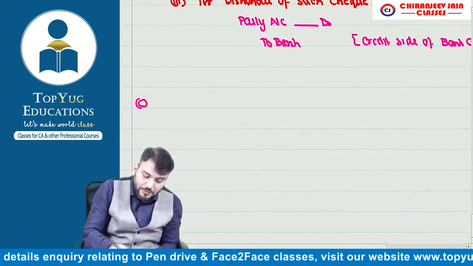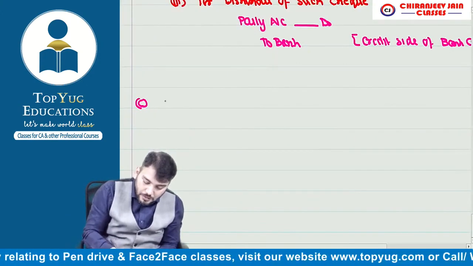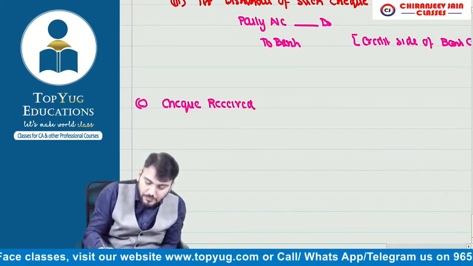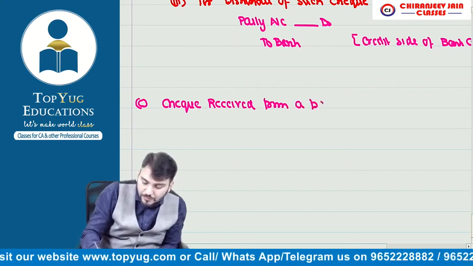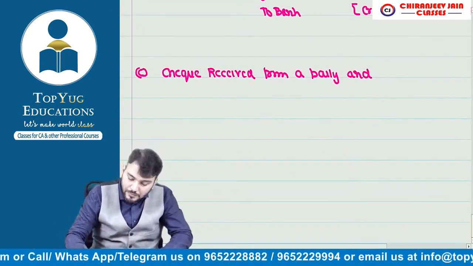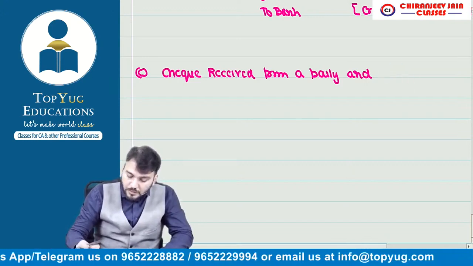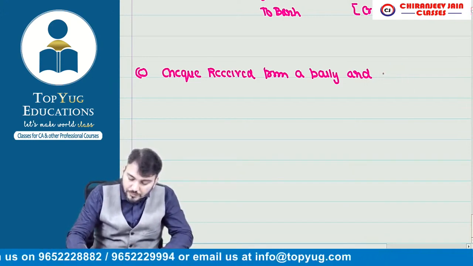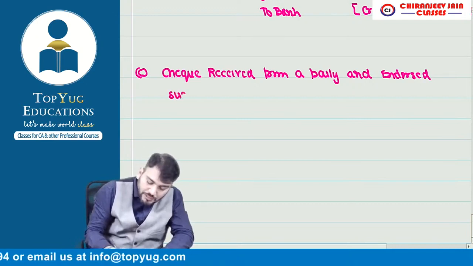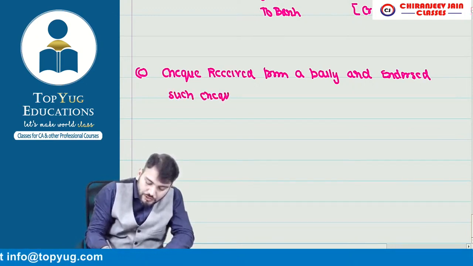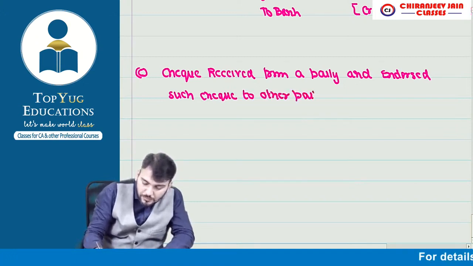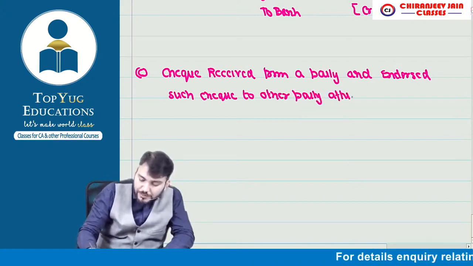Point number C. Write down: check received from a party and endorsed such check to another party after some days.